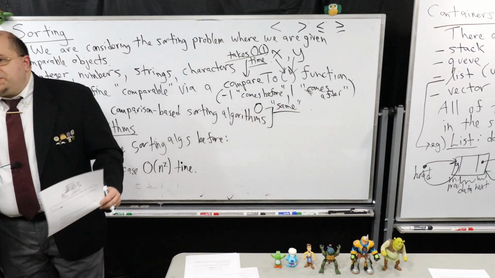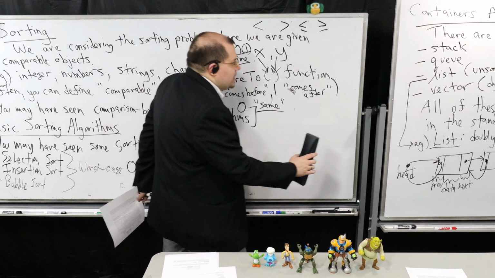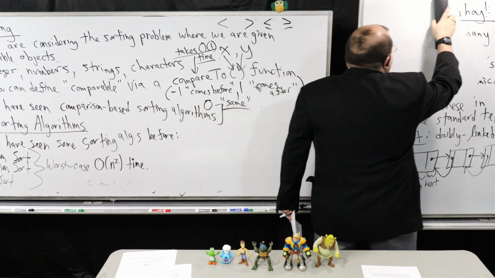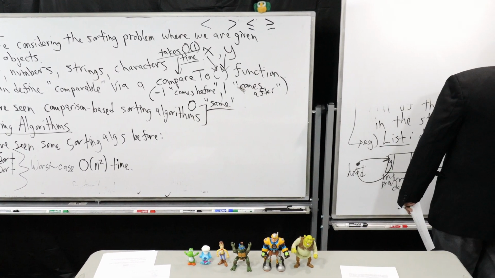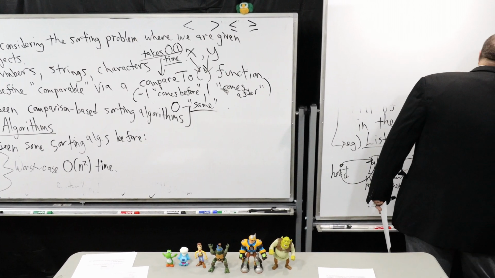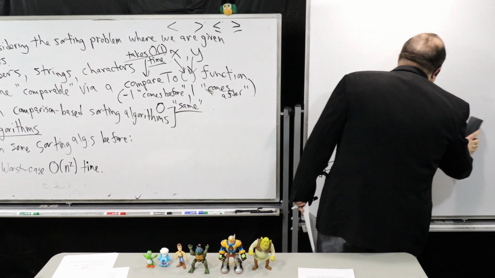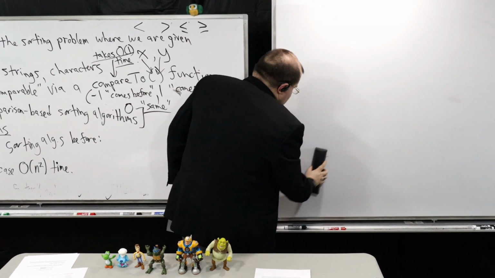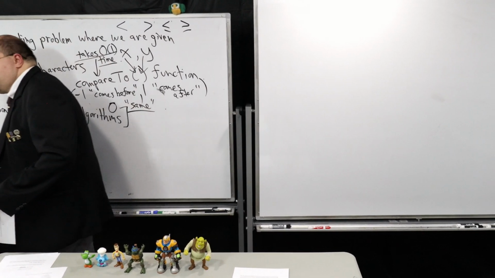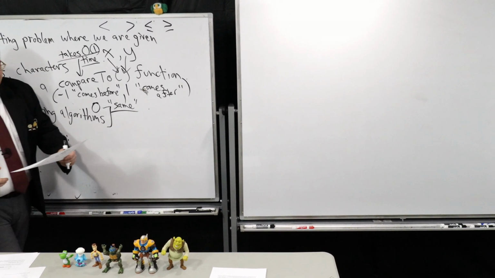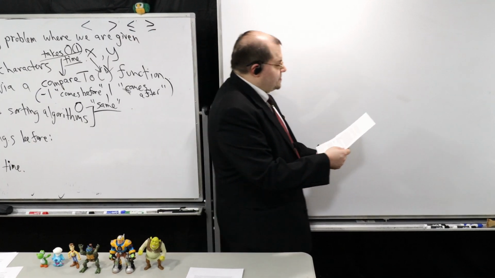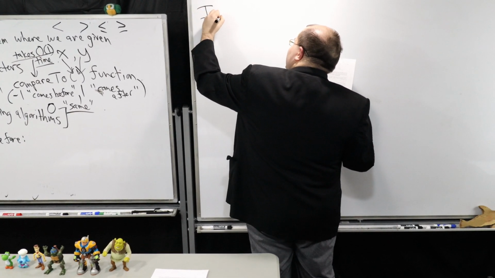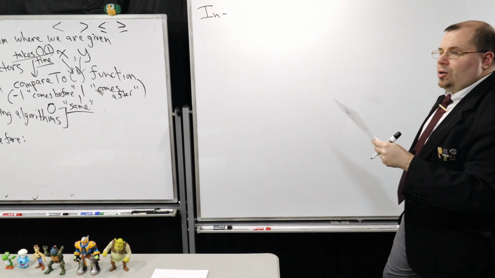because I want to talk about different features sorting algorithms have, because these are things you have to consider in practice, but also these are features of different sorting algorithms. So I just want to define what in-place algorithm means.